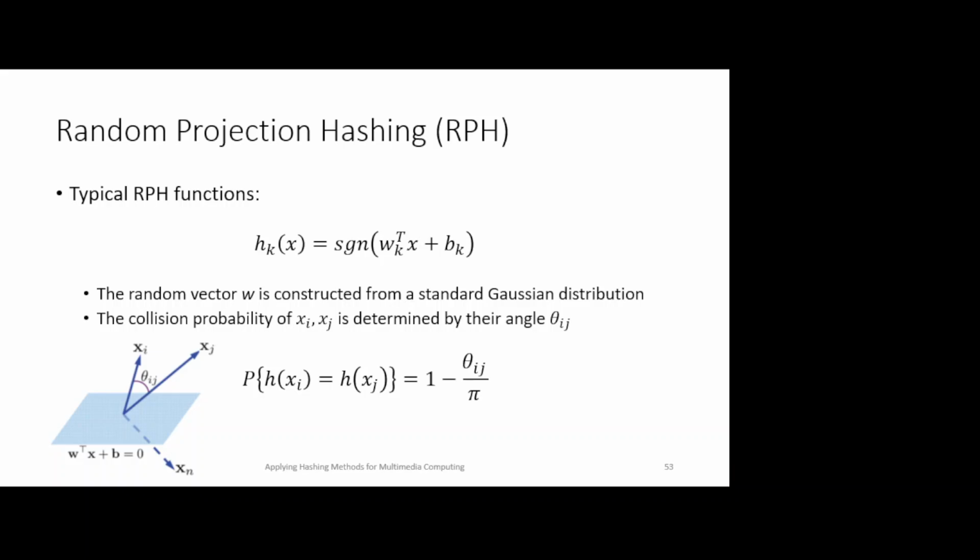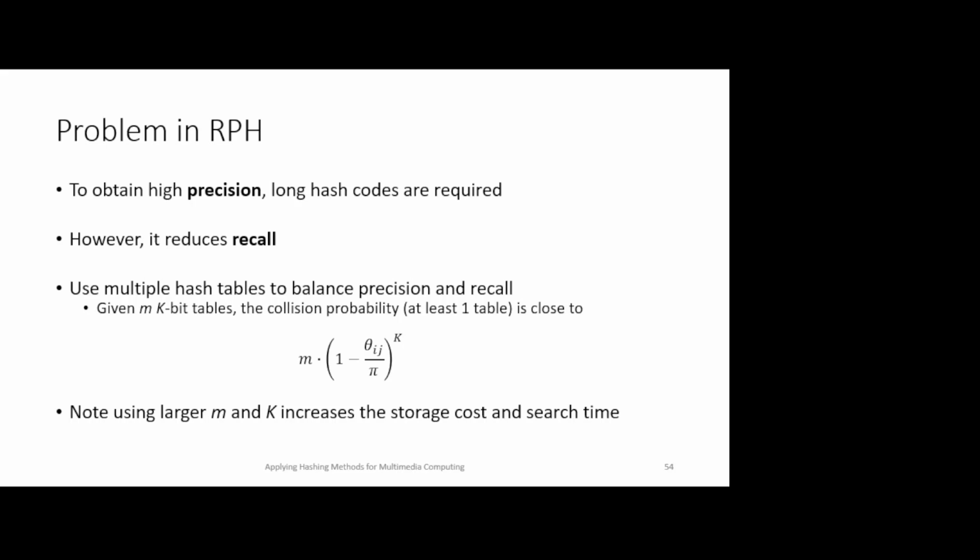So that's the general idea of random projection hashing. Generating the random projection is easy, and I skip the theory analysis here, but the conclusion is very easy.